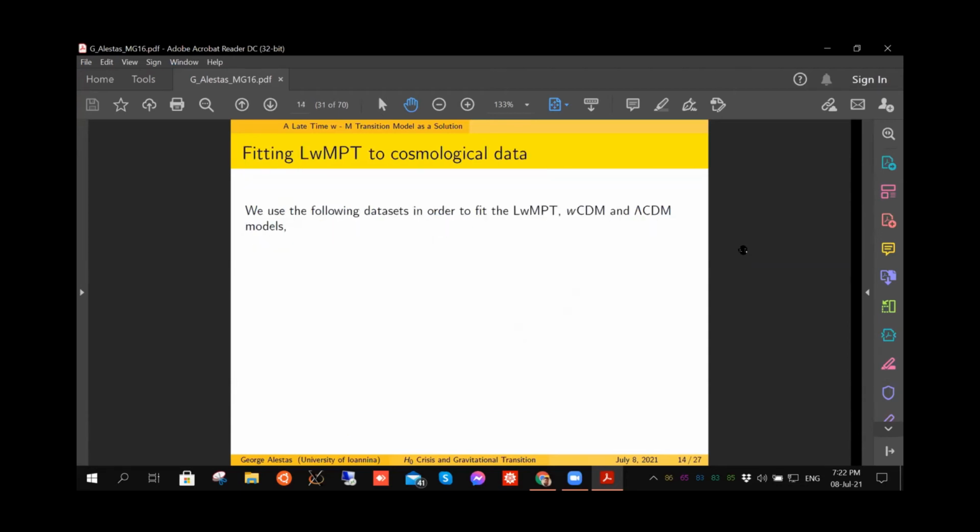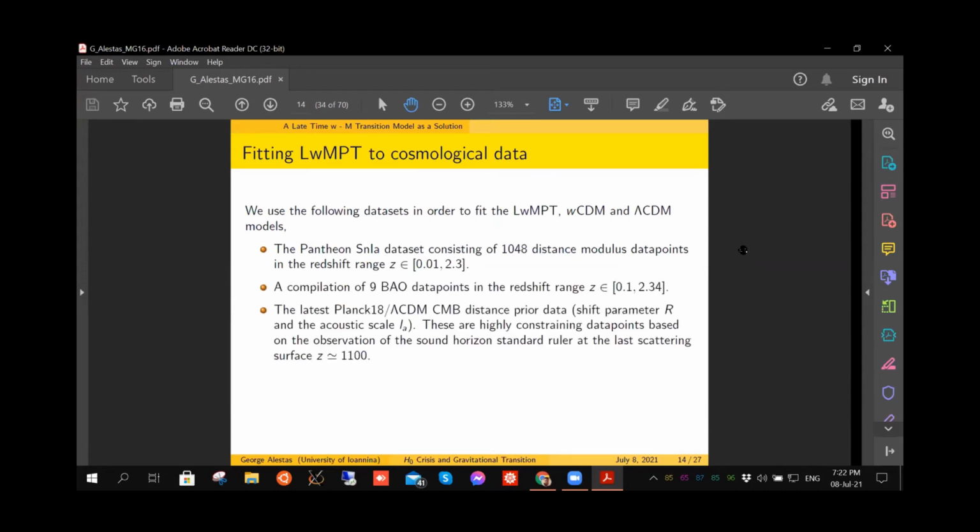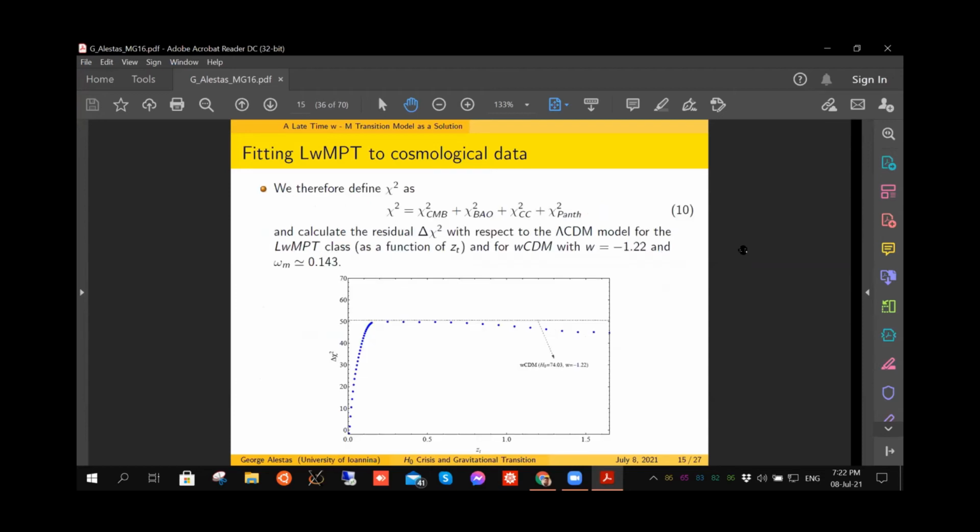And now, in order to fit the LWMPT to cosmological data, we have used the following datasets: the Pantheon dataset, a compilation of 9 BAO data points, the latest Planck-Lambda CDM CMB distance prior data, and the compilation of 41 cosmic chronometer data points.